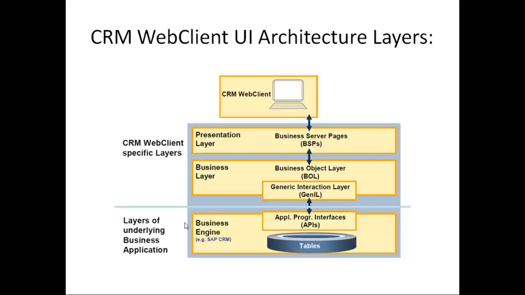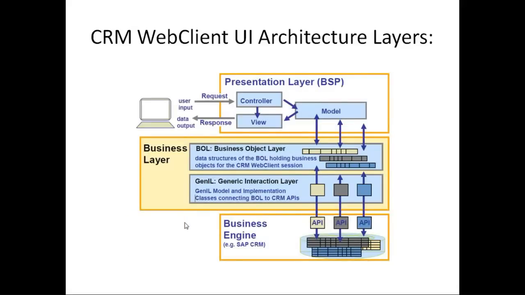So this is how the data flow happens using the individual layers of the CRM web UI architecture. And this segmentation, the divided functionality in each individual layer, makes the UI build easy and flexible.